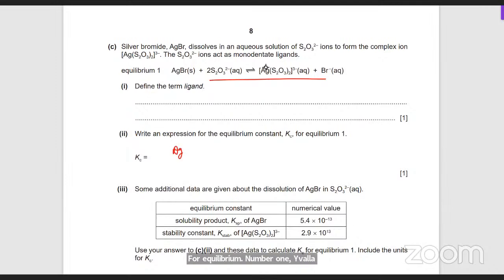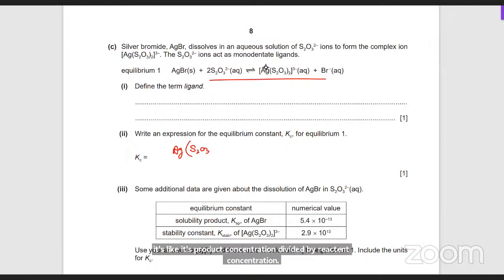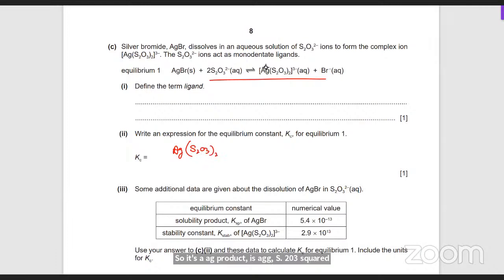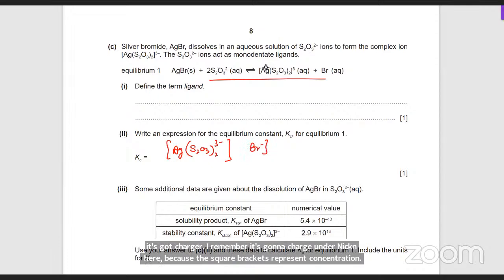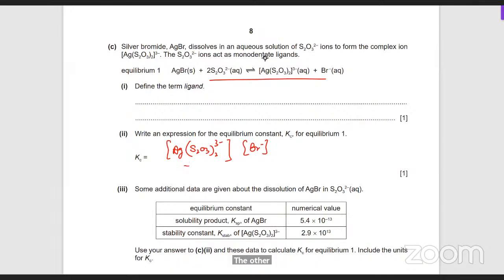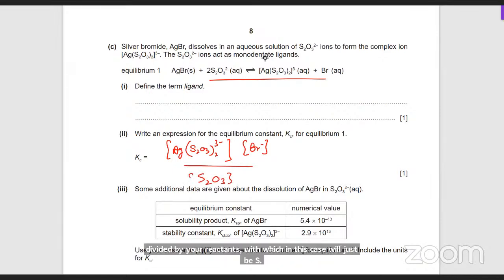Product is Ag S2O3 squared. और इसका चार्ज जो है, अच्छा रिमेंबर इसके अंदर चार्ज अंदर लिखना है, ठीक है, because the square brackets represent concentration. The other product is Br minus 1, its concentration divided by your reactants, which in this case will just be S2O3. उसकी concentration will be squared.